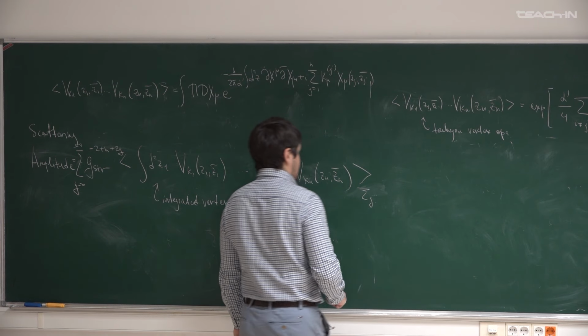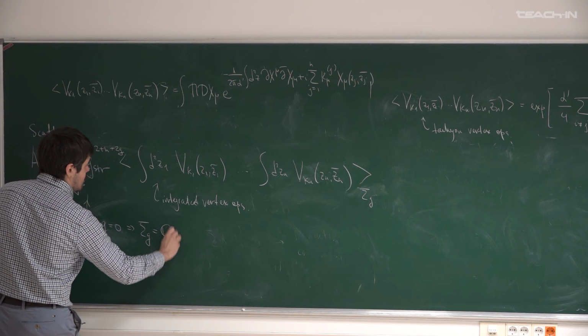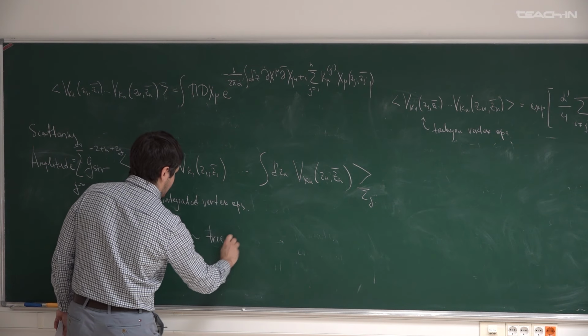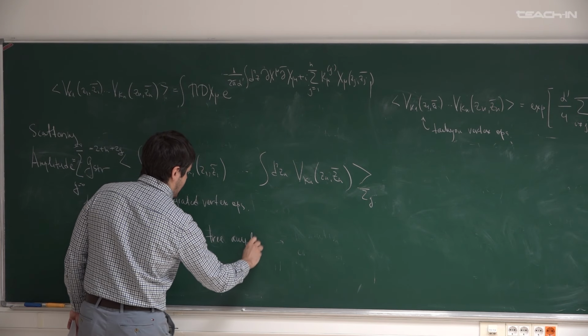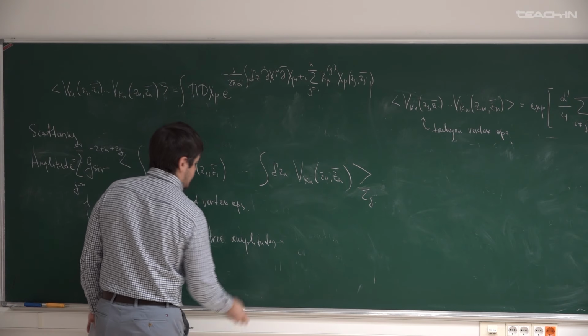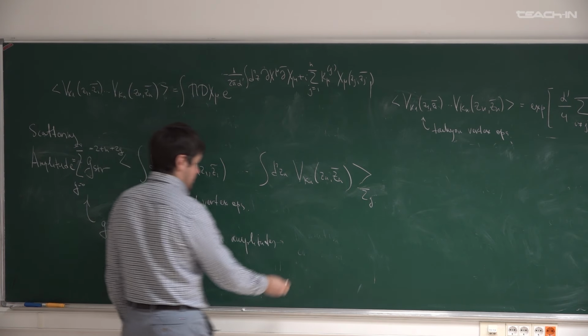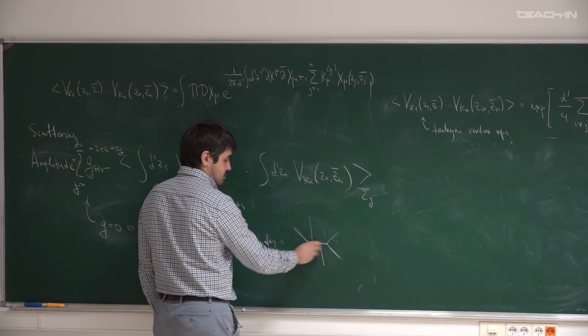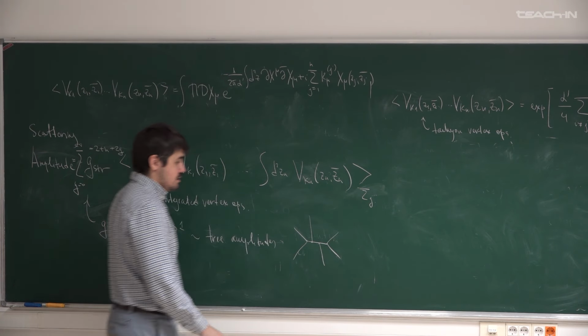So your sigma is a sphere. And this corresponds to tree amplitudes. So you have, for example, a 4-point amplitude like this, in field theory. So if you have more particles, you add more legs. Each leg will add an extra power of the coupling, and so on.